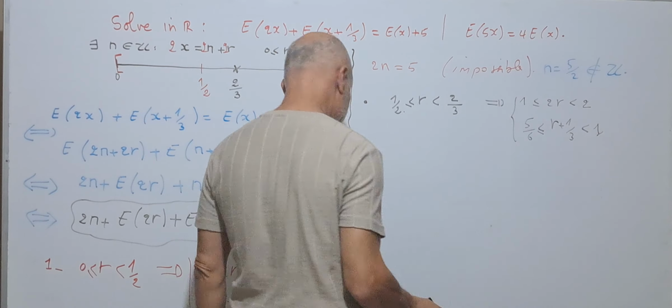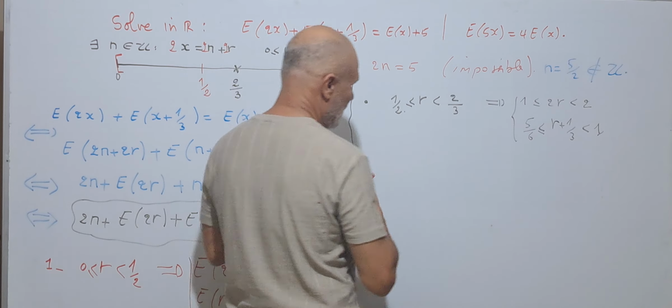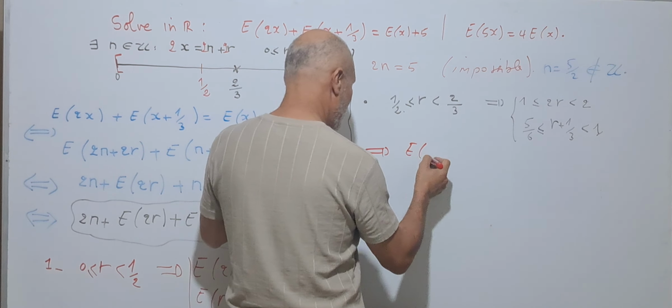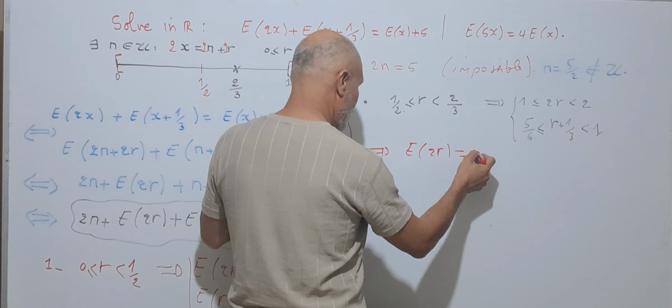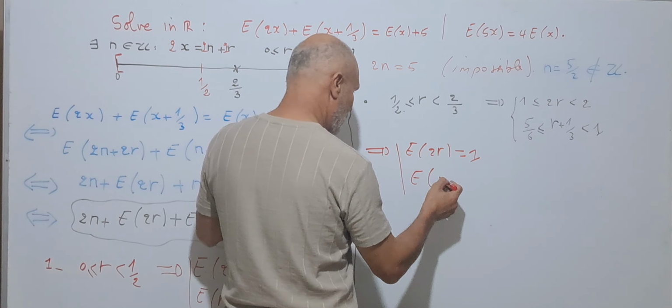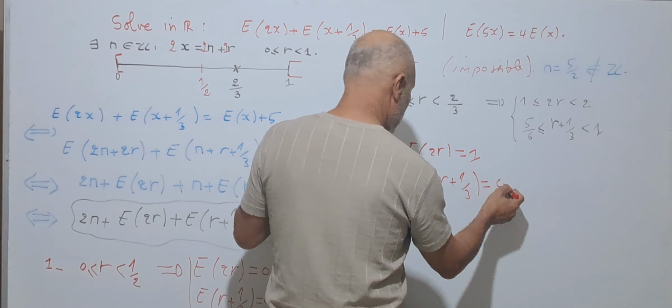It is obvious to deduce that the integer part of 2r is equal to 1 and the integer part of r plus 1 over 3 equals 0.